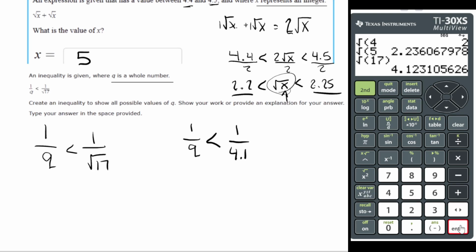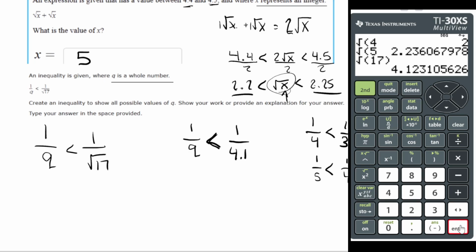So remember, when you're working with denominators in fractions, as your denominator gets bigger, as the number on the bottom of the fraction gets bigger, your number gets smaller. So 1/4 is less than 1/3, right? 1/5 is less than 1/4.